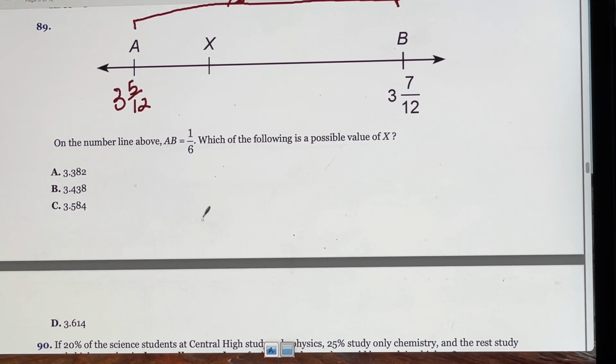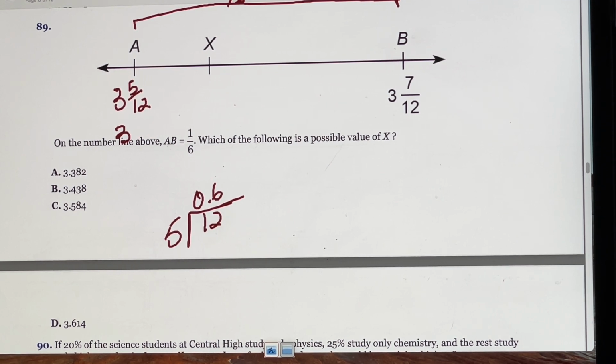So let's do 12 divided by 5, 0.6. Sorry, what am I doing here?